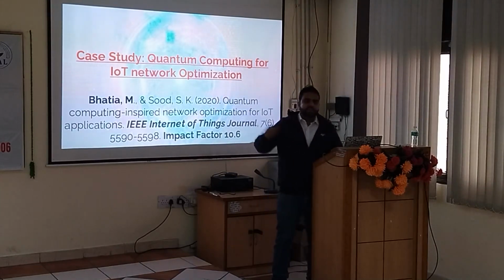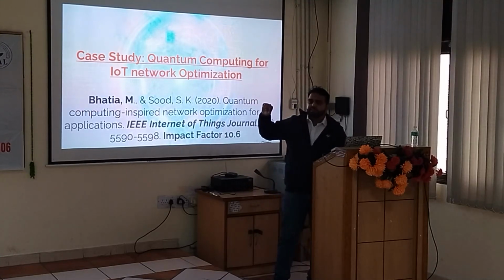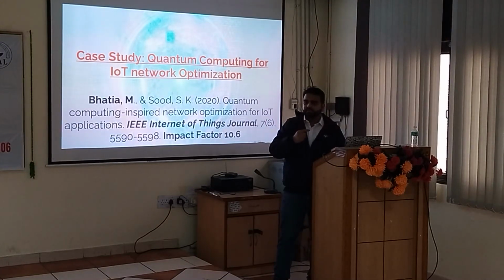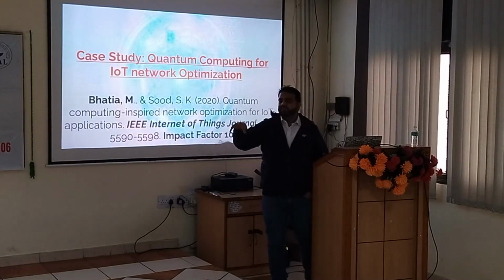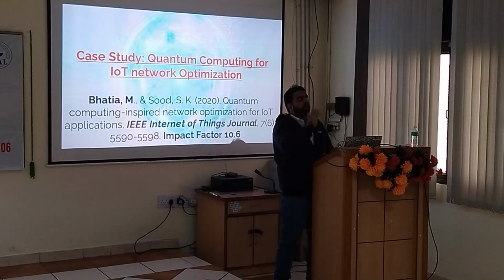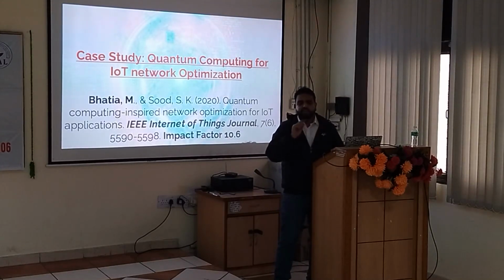So in this research paper, I have tried to optimize the network around the object, as well as around the sensor. For example, for the sensor, what is its range? What is the network around the sensor that it can sense, that it should be allowed to sense?